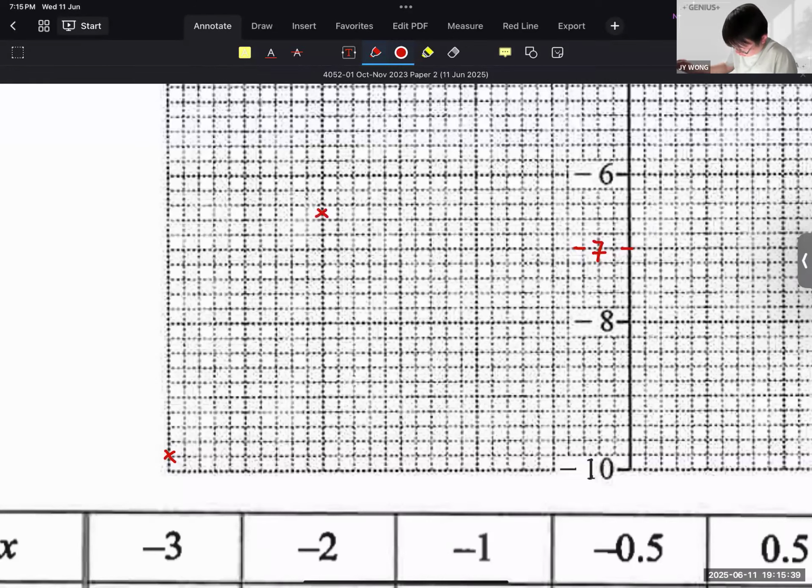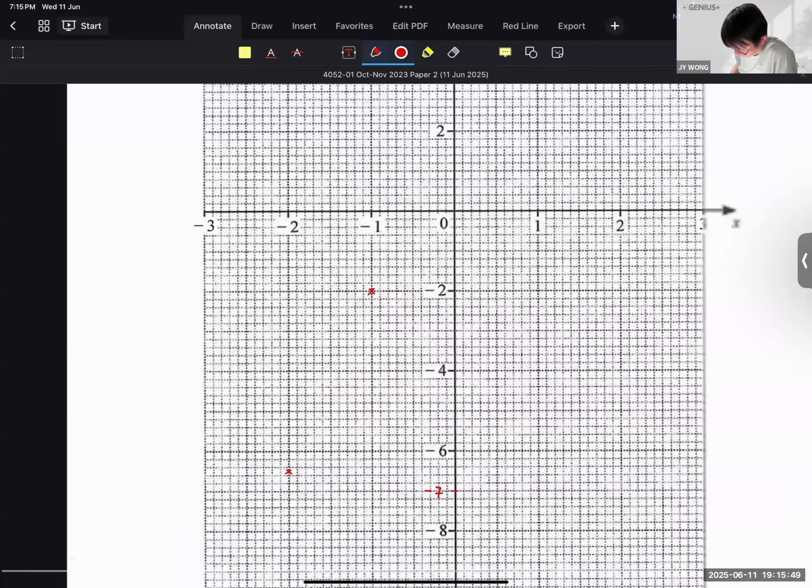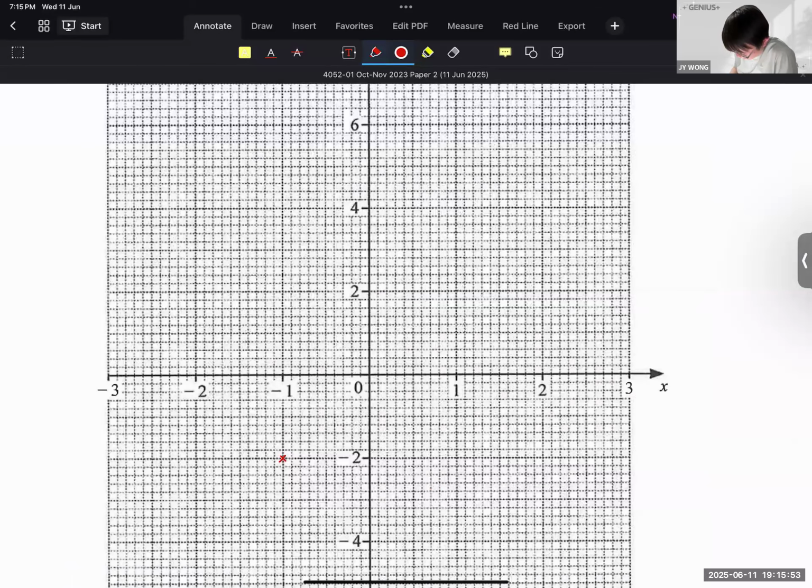Okay. Then we have -1, -2. Then we have -0.5, 5.5. And some more is 0.5. Sorry, it's not 0.5, it's -0.5.